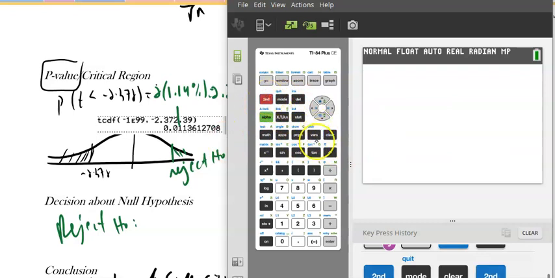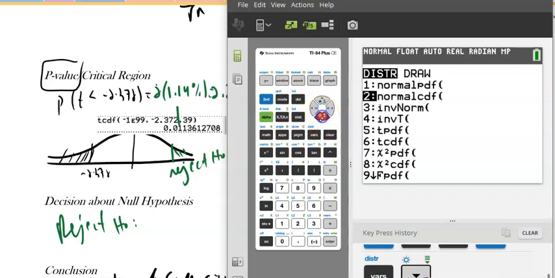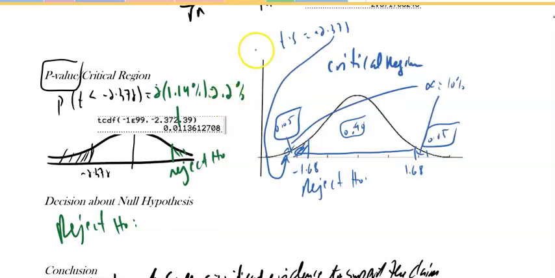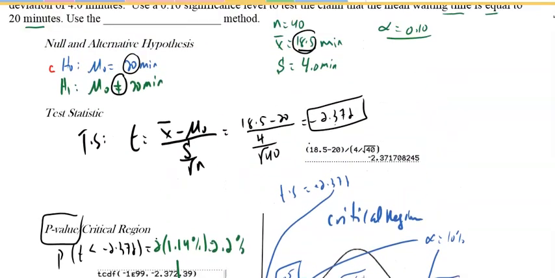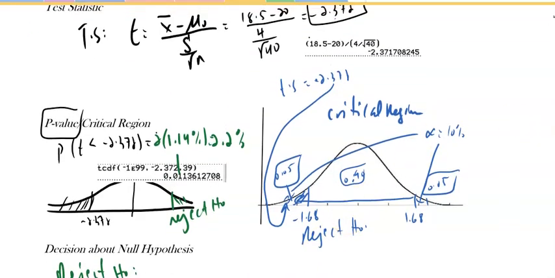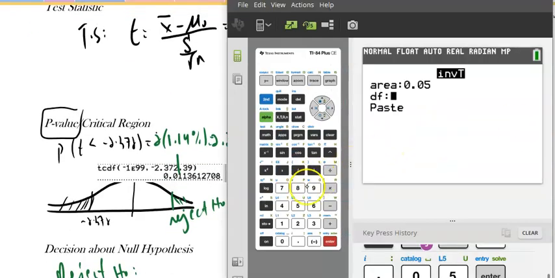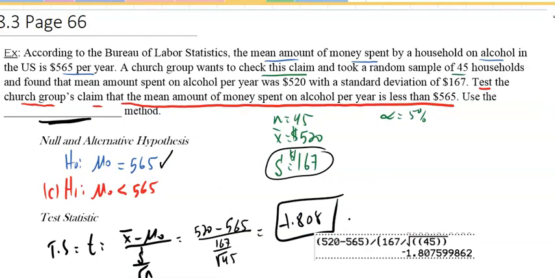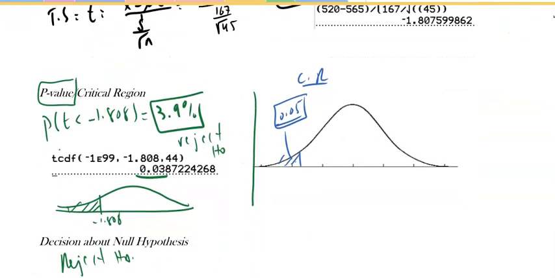If I go second distribution, and go to an inverse t-distribution, if I use an area of 0.05, degrees of freedom on the last example was 39. Right. Negative 1.68. There you go. So, hey, you learn something new every day. Kind of odd, I didn't see that until now.